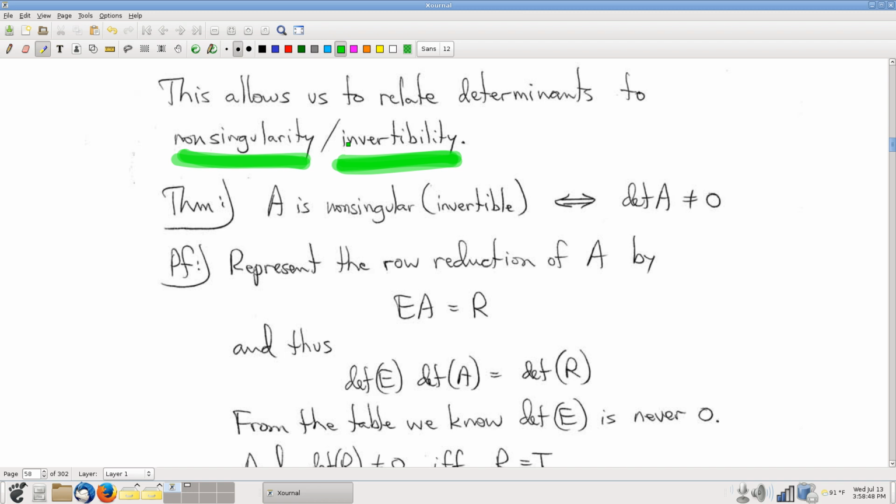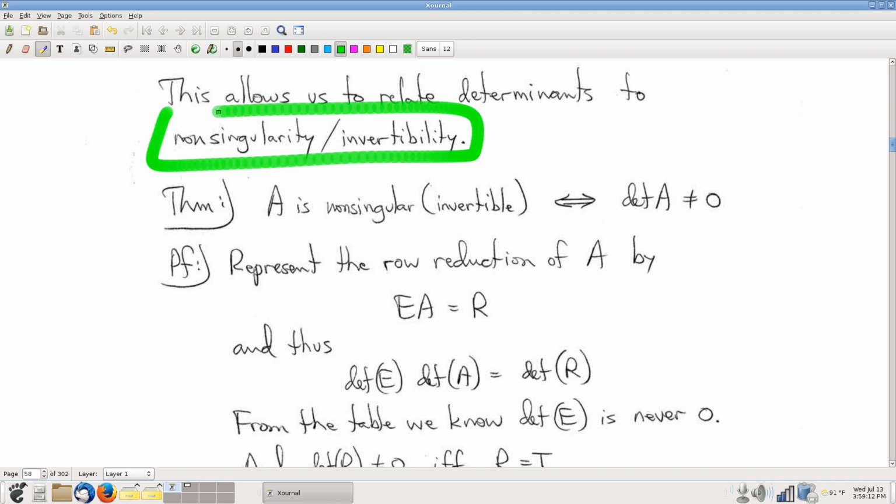And we've already made a big deal out of the fact that even though non-singularity and invertibility are completely different statements, right? Non-singularity comes from thinking about how a matrix row reduces. What is the reduced row echelon form? Invertibility is a statement about matrix multiplication, seemingly a different thing. So the fact that these are entirely simultaneous is already pretty surprising.